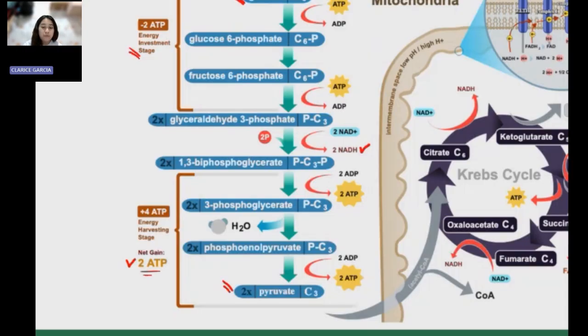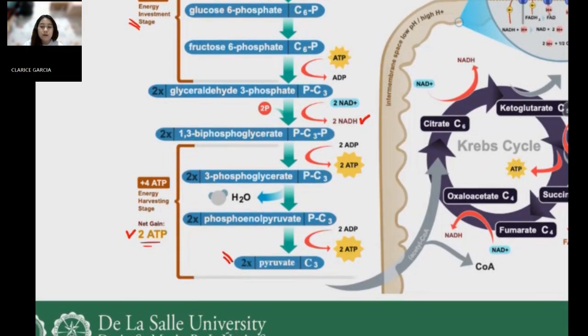Now, this pyruvate will enter the mitochondria. Remember, mitochondria synthesize ATP. So how does it synthesize ATP? The pyruvate molecules will be converted into acetyl-CoA, generating NADH and carbon dioxide.